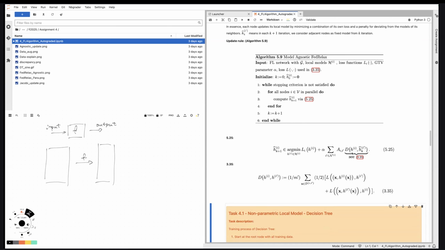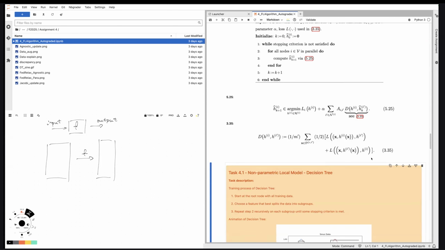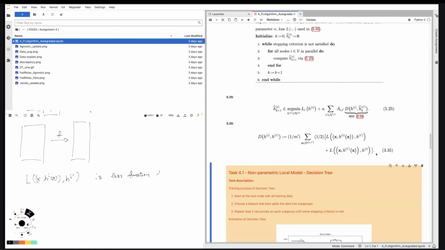This D here means the discrepancy between model h_i and h_i'. And we unfold this equation to write this D as a loss function. We have this equation here. The L with X and h_i(X) is a loss function for each i' with dataset X and h_i, where X is the feature as we used.